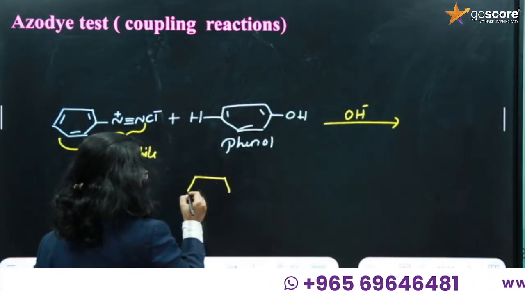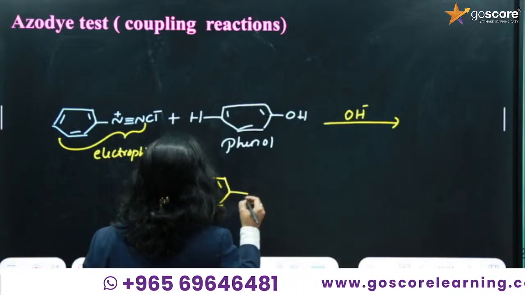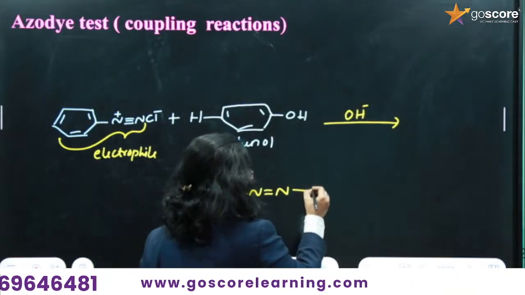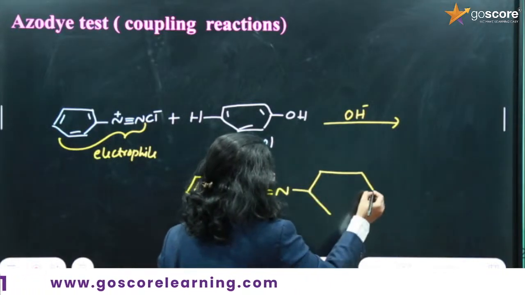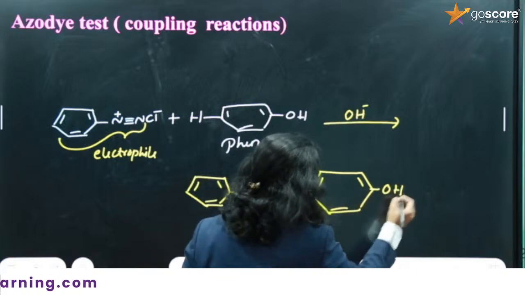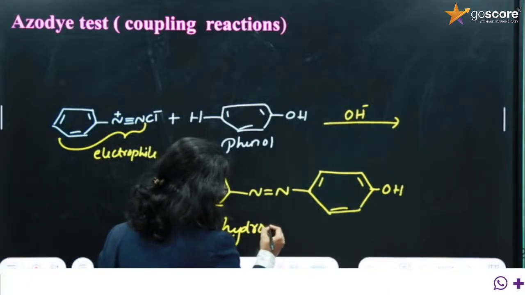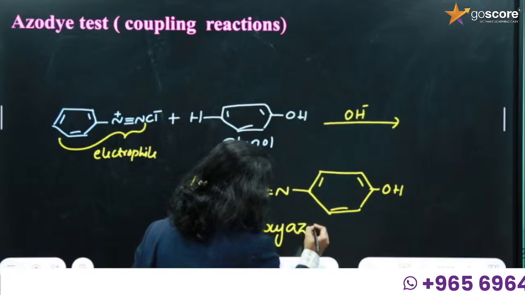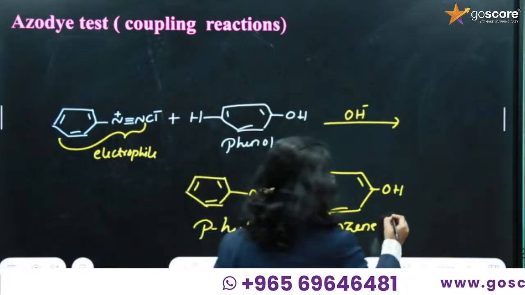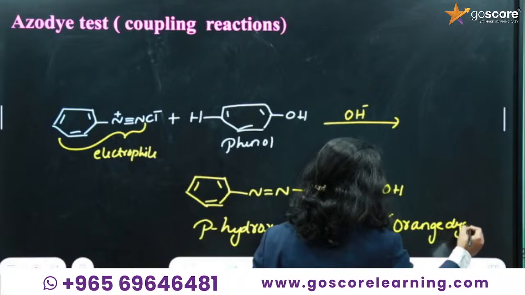So this is para hydroxy azobenzene, that is an orange dye. You will get an orange precipitate.